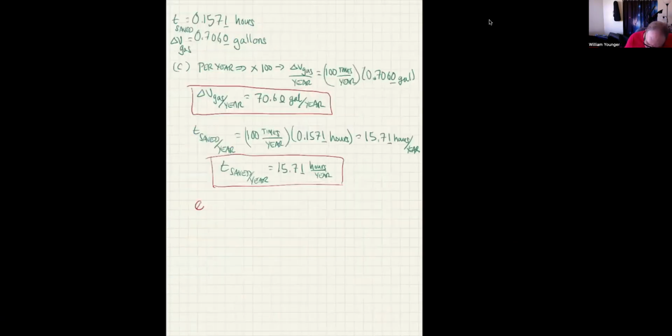So E gas per year is equal to basically the $3.199 per gallon times the 70.60, extra digit there, of course, gallons per year.